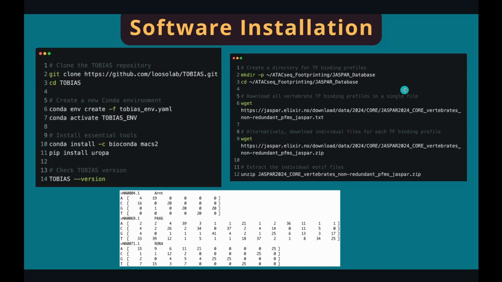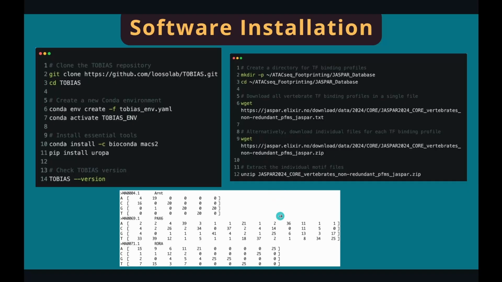Next, we download the transcription factor binding profiles from JASPAR database. Using wget, you can directly download the entire database or the individual transcription factor binding profiles, depending on if you know what you're doing.